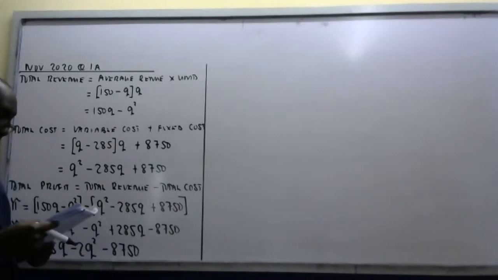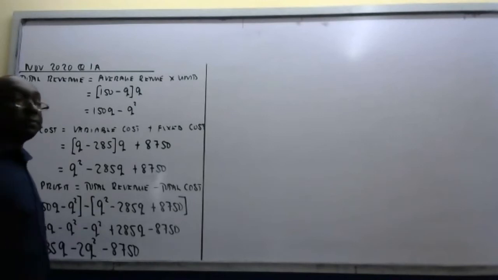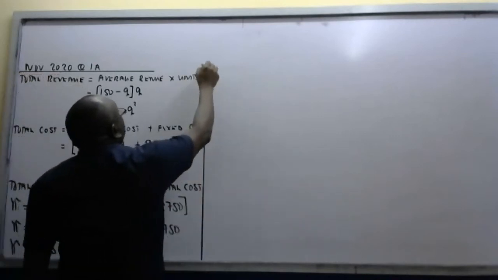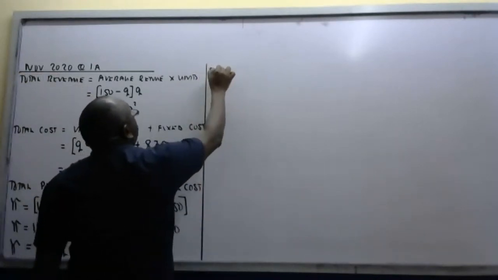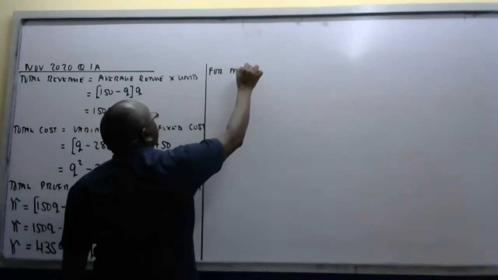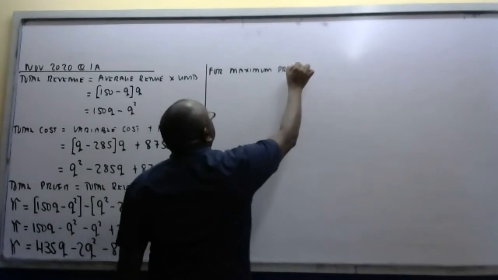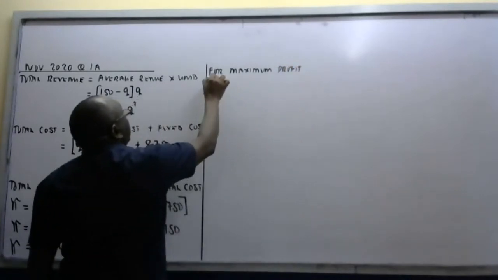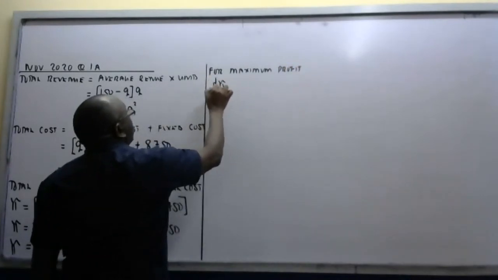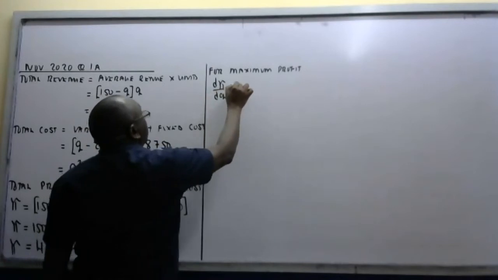Now from there, the level that maximizes profits. You say for maximum profit, the differential of pi with respect to Q should be equal to 0.